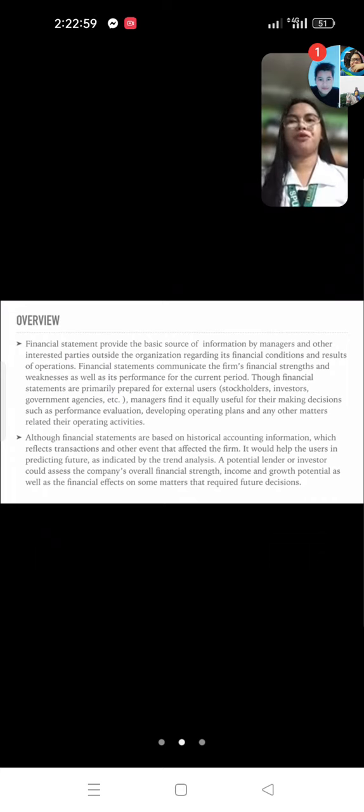For example, performance evaluation, you probably develop operating plans and other matters regarding the operating activities. And also, even though financial statements are based on historical accounting information, kung sinabi natin historical accounting information, it is based from past events.